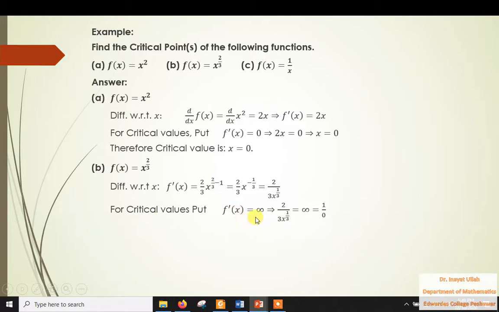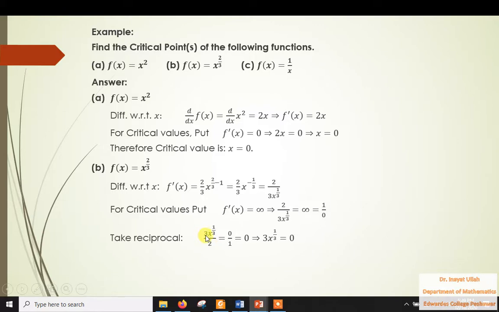So f prime x equal to infinity means this fraction equal to infinity, and infinity can be written as 1 by 0. Now taking the reciprocal of both sides, the reciprocal of this side is 3x power 1 by 3 divided by 2, and the reciprocal of 1 by 0 is 0 by 1. 0 by 1 is 0 actually. Now multiplying this to both sides, that side will become 0 and 2 will be cancelled out from that side.